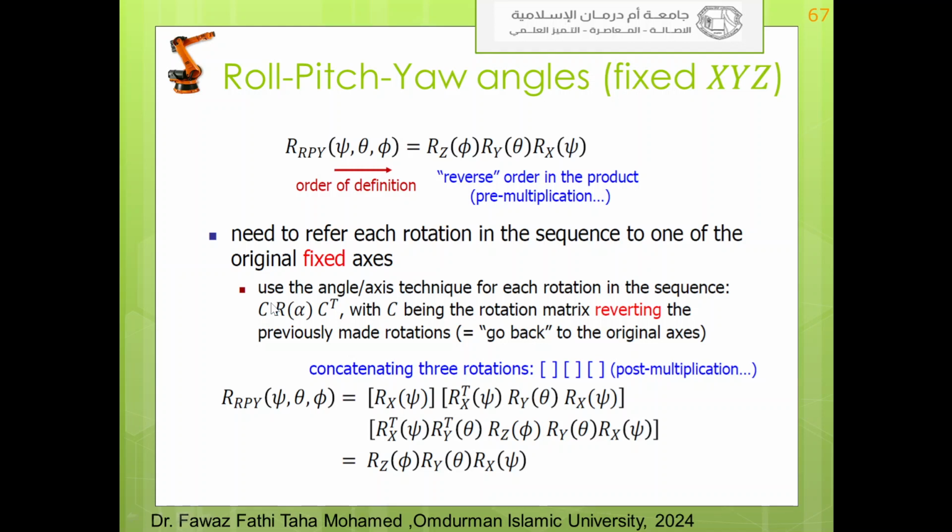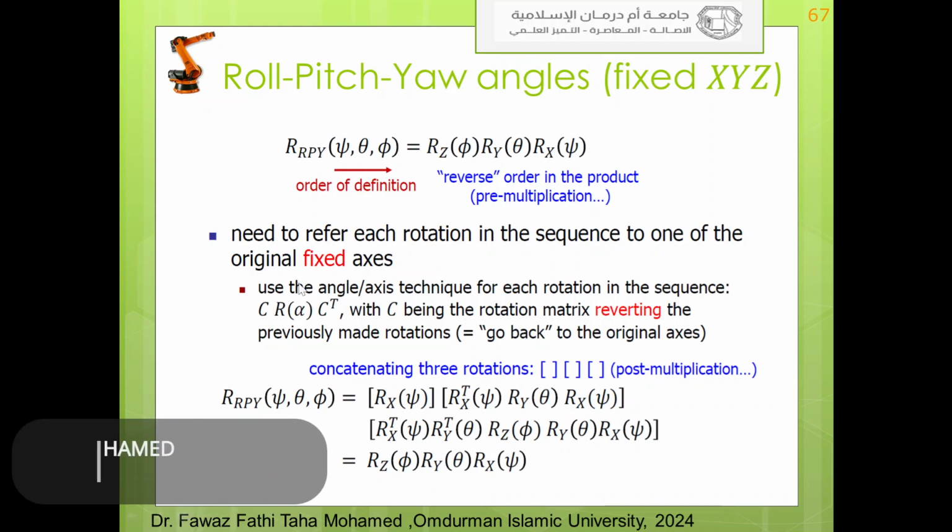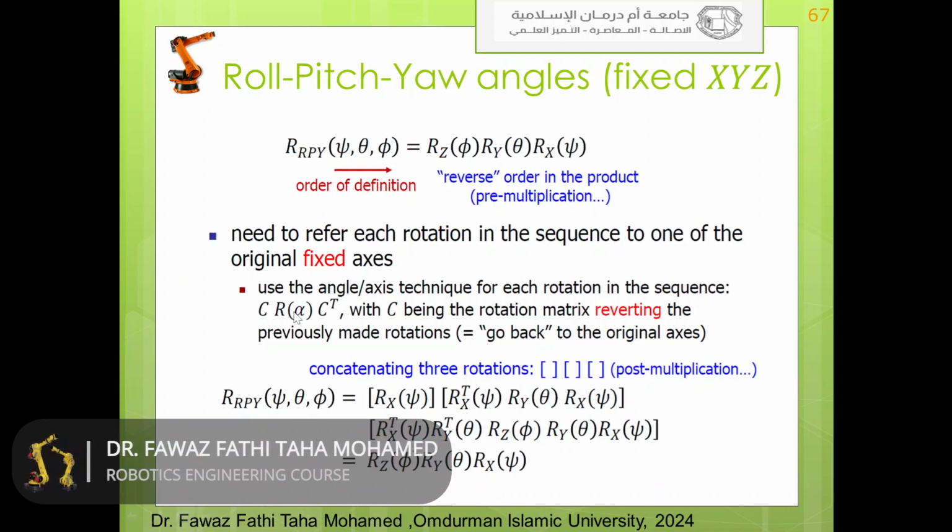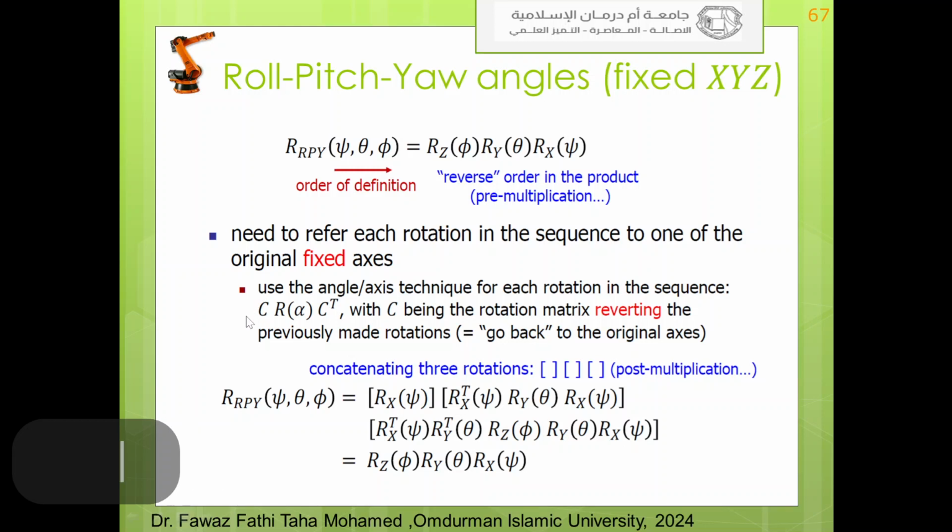We go back to make alignment with the fixed axis, make the needed rotation around the fixed axis, then invert any previously made movement, in C by C transpose, with C being the rotation matrix reverting the previously made rotations.